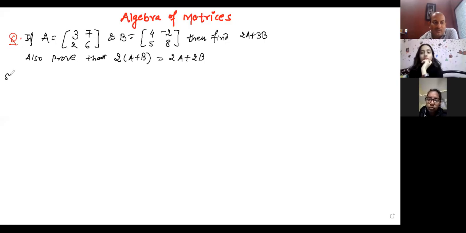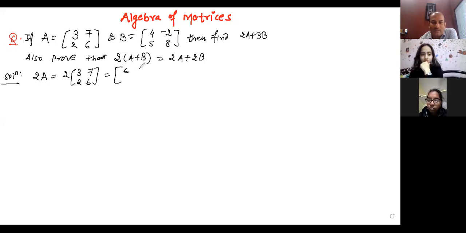So as part of the solution, what do we mean by 2A? 2A is nothing but twice of 3, 7, 2, 6. Now this 2 is called a scalar quantity. So the resultant will be every element inside the matrix multiplied by the value 2.